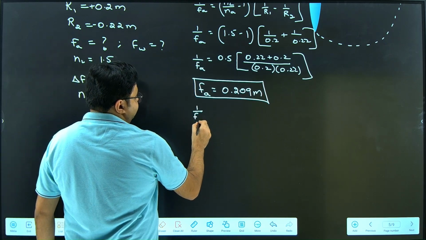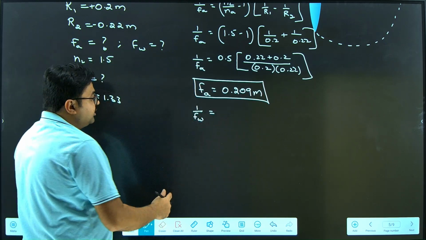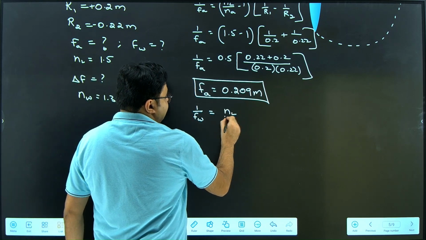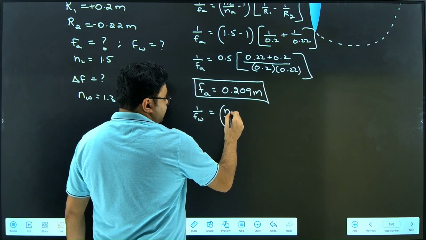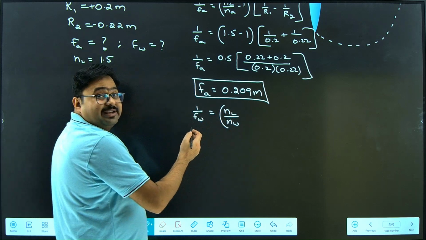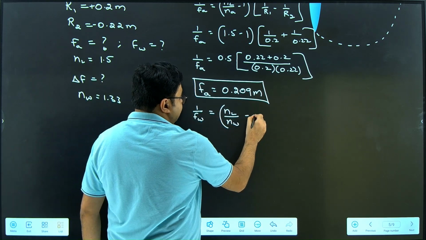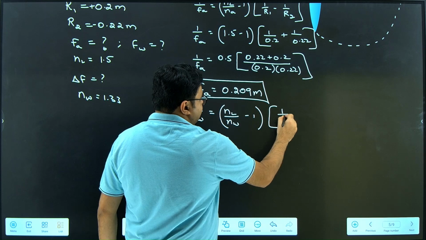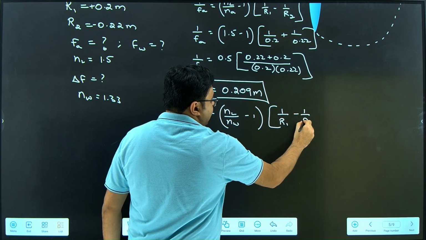We have 1 by Fw, focal length of the lens in water, equal to NL divided by NW, the refractive index of the lens divided by refractive index of water, minus 1 into 1 by R1 minus 1 by R2, my dear friends.